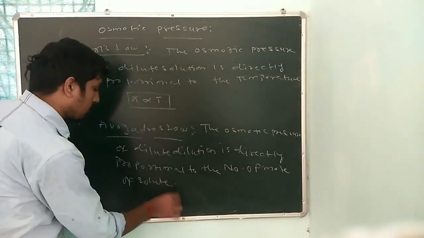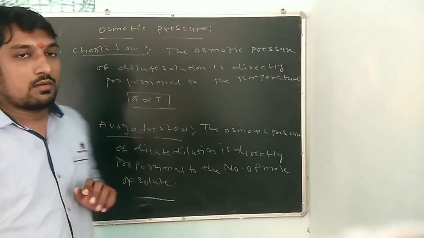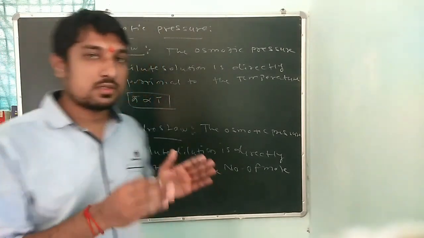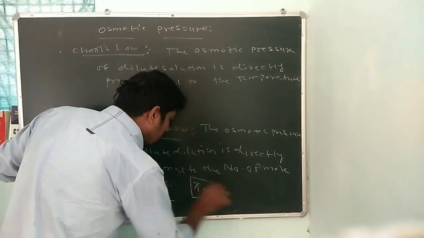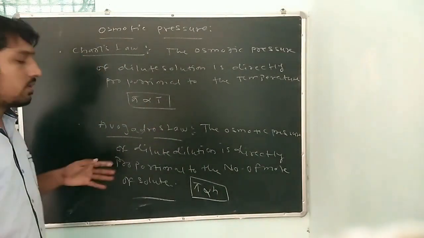Okay, so this is the third theory. And what is the equation? Pi proportional to n. So this is the third theory.